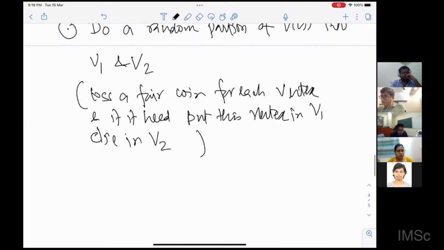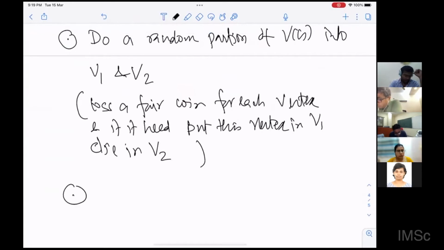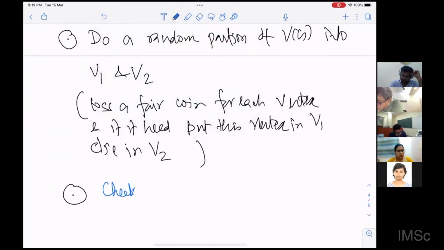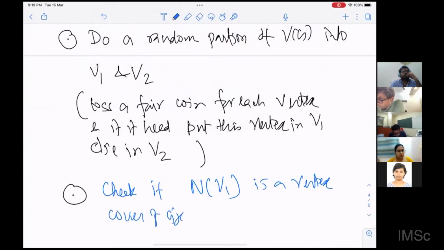And what is my algorithm? Check if N of V1 is a vertex cover of size at most k.